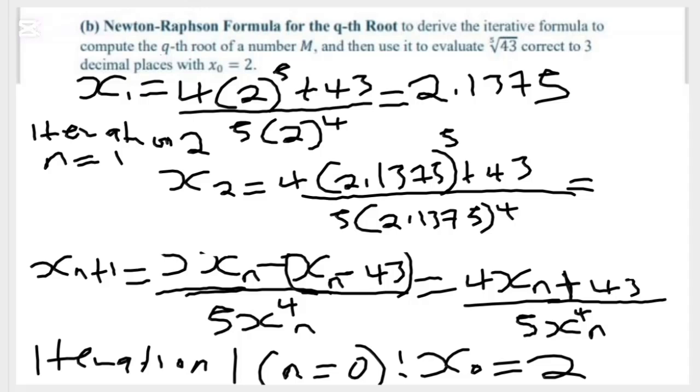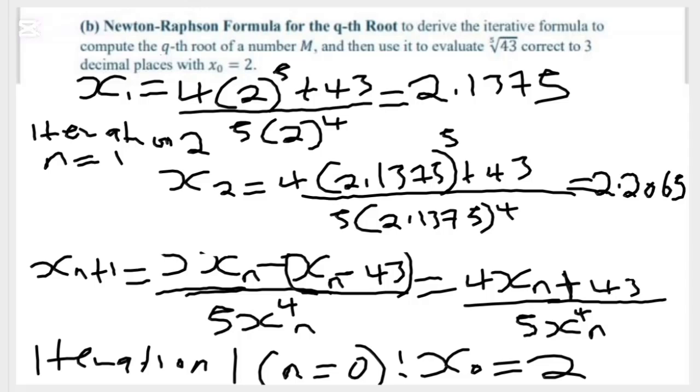So let me see what I am going to get. At the end I'll get 2.20665 as my second iteration.